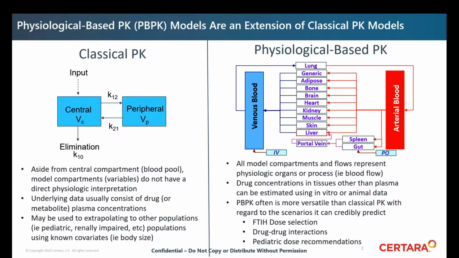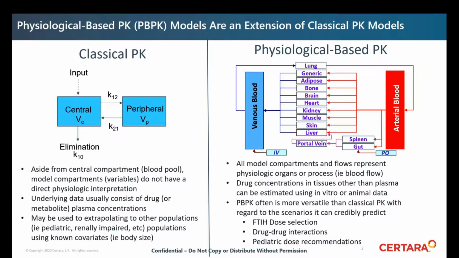As you can see on the right, you have compartments for lung, adipose tissue, bone, brain, etc. Another feature of physiologically based models is that all of the transport of the drug is mediated through blood flow, which is not necessarily the case for classical models. So you cannot get a liver metabolizing a drug before the blood has transported the drug to the liver.